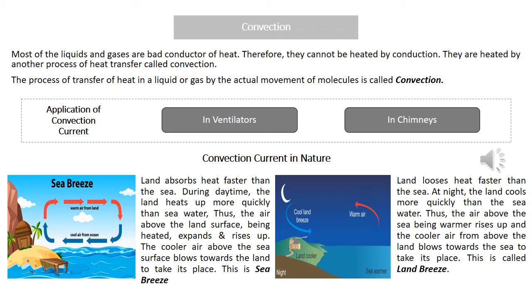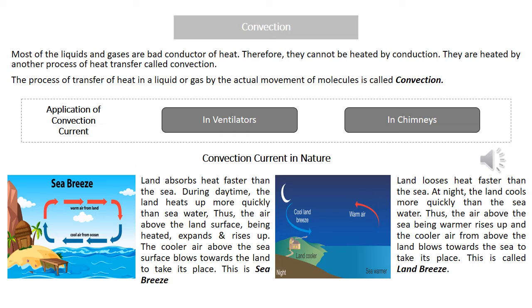What is convection? In this convection process, transfer of heat takes place by the actual movement of molecules. Because children, you know the structure of liquid and gas also. In liquid, molecules are a little far from each other, isn't it? So what happens when they get heated?